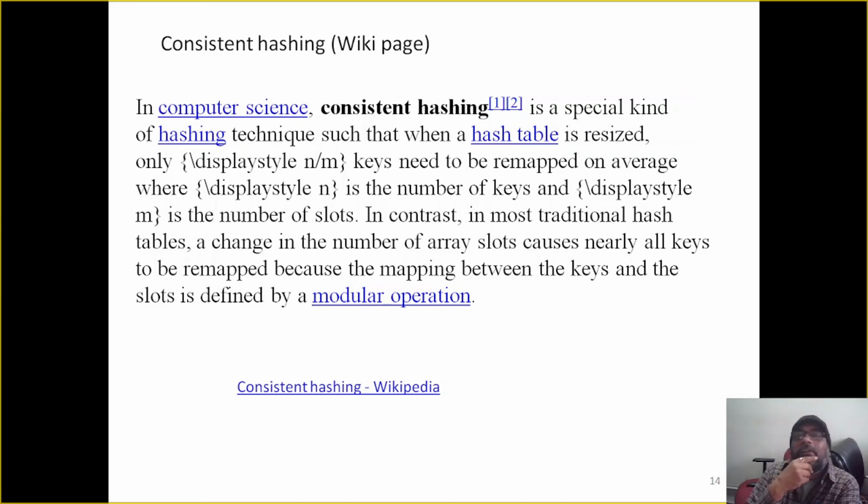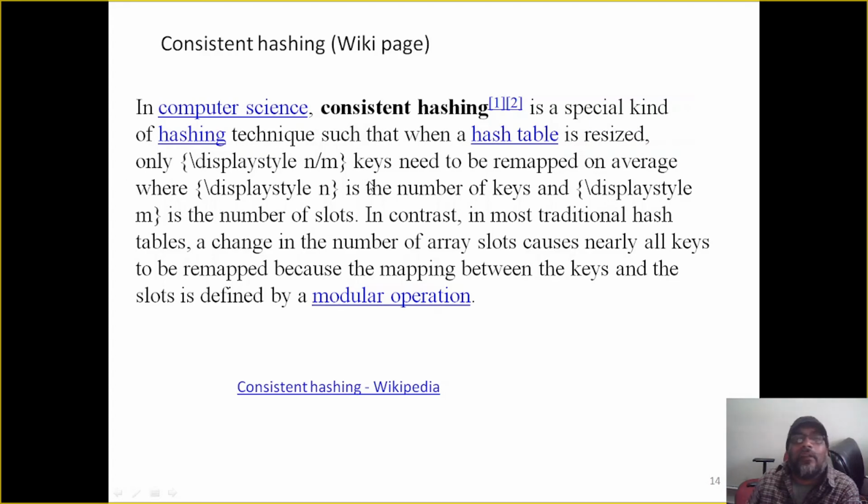Consistent hashing is a special kind of hashing technique such that when a hash table is resized, here when we add or remove a node, so basically hash size is going to be changed, right? But in consistent hashing, when a node is added or removed, the reassigning remains unaffected, or if it is going to be affected, then only a limited number of items have to be reassigned.